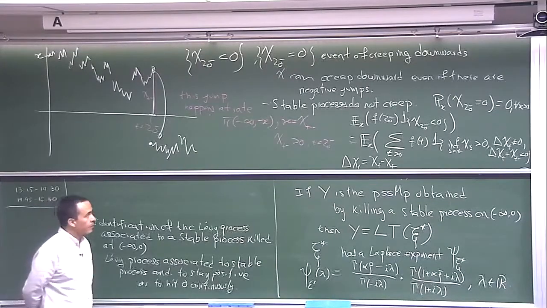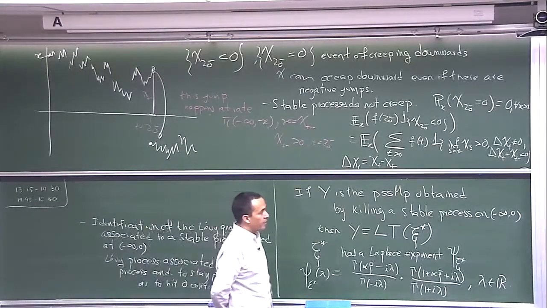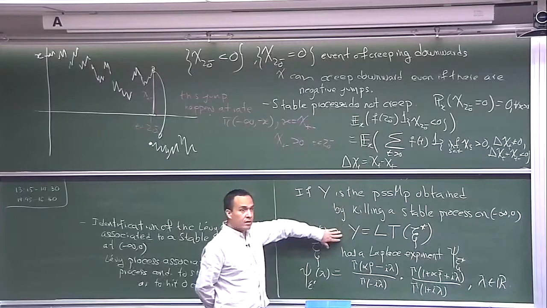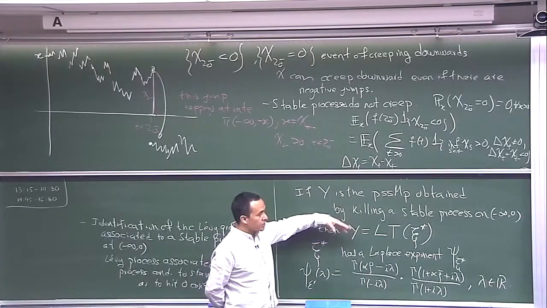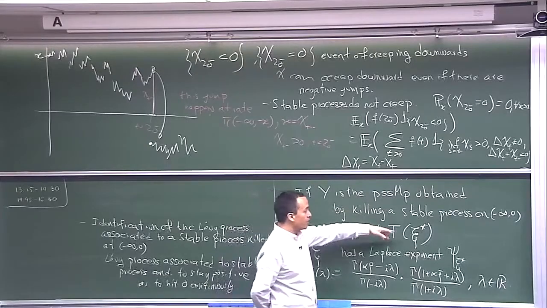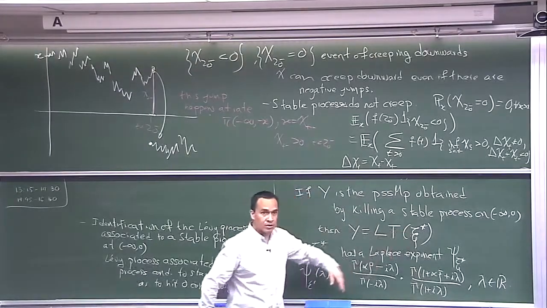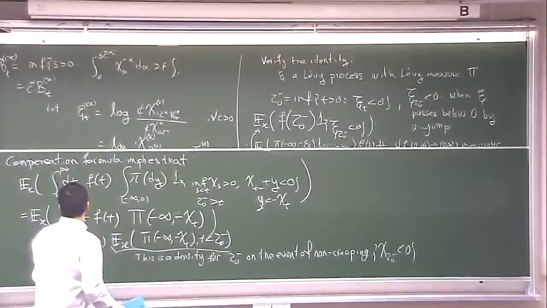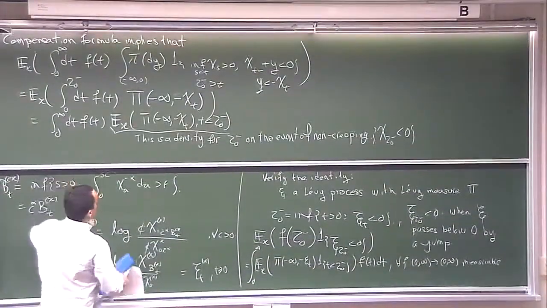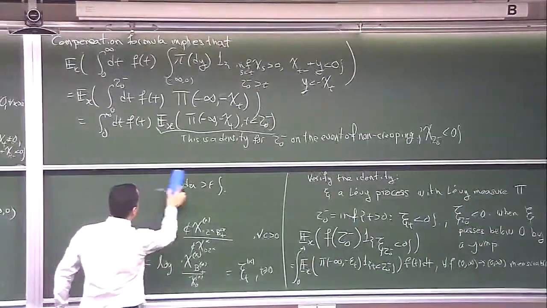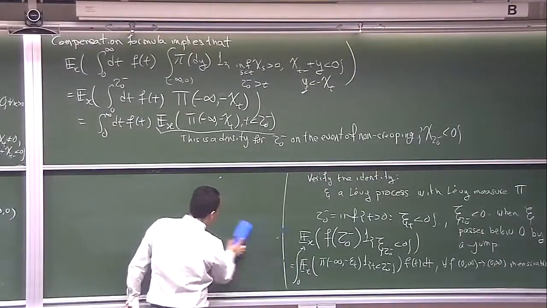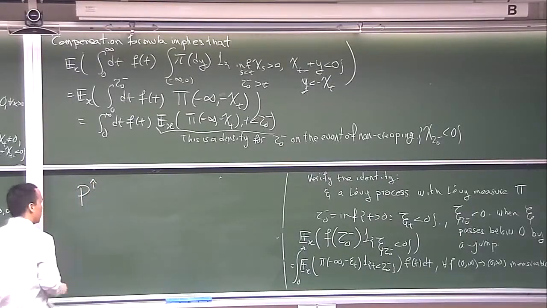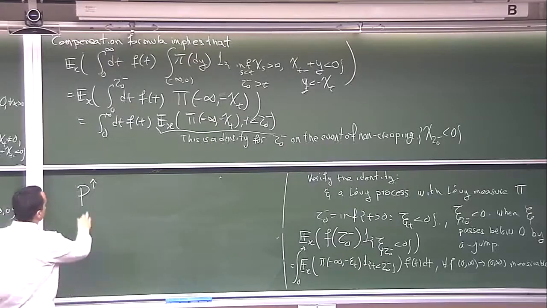And then we saw that the stable process obtained by conditioning to stay positive is absolutely continuous with respect to this one. And that absolute continuity relation is translated into an absolute continuity relation for the Lévy process that is behind. So we saw yesterday the law of the Lévy process obtained.